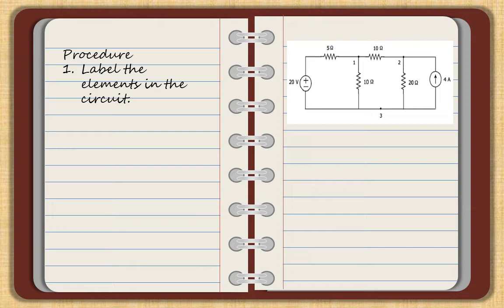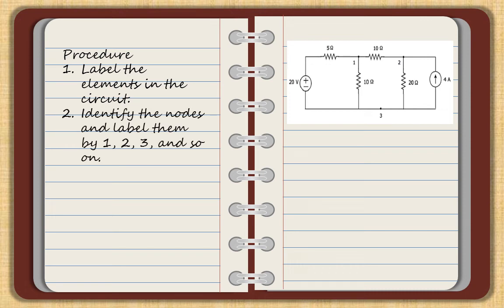If there's an unknown component, you may arbitrarily put any name on it. Most of the time, if it's a resistance, it's R, and if it's a voltage source, it's V, or a current source, it's I.